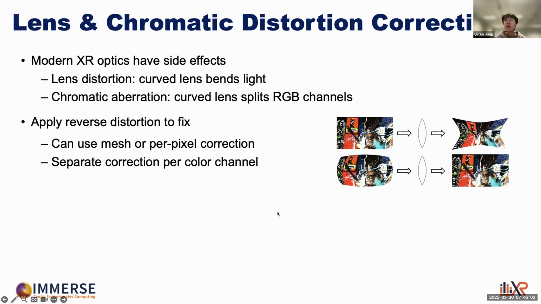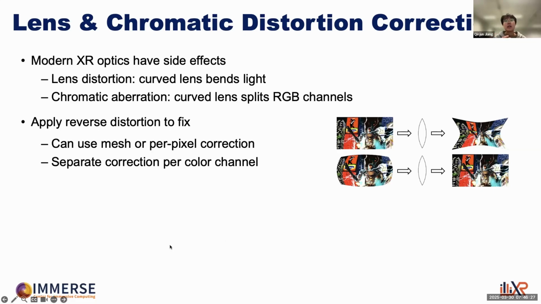This reverse distortion can be done on a per-pixel basis, which is sort of expensive, or it can be based on a mesh, which is an approximation of the per-pixel correction but much cheaper, and has been shown to have very similar quality.